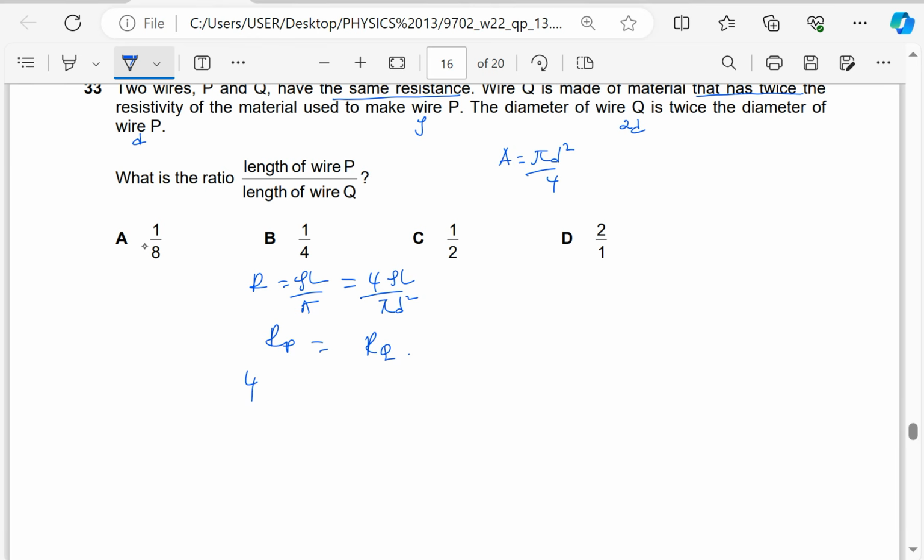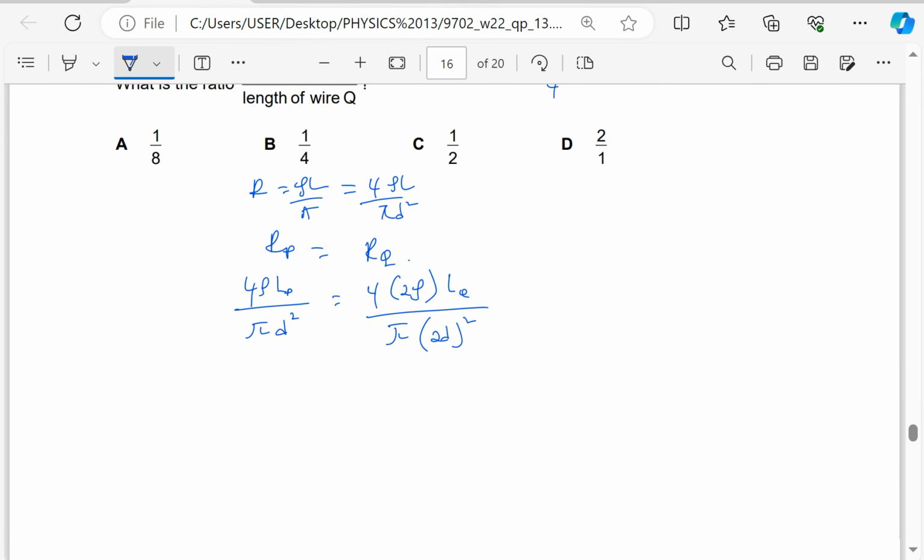For P, the resistivity was rho, let the length of P be LP, divided by pi, the diameter of P was D, but is squared. For Q, is 4, resistivity is twice rho. The length for Q is LQ divided by pi. The diameter for Q was twice D, but this is squared.